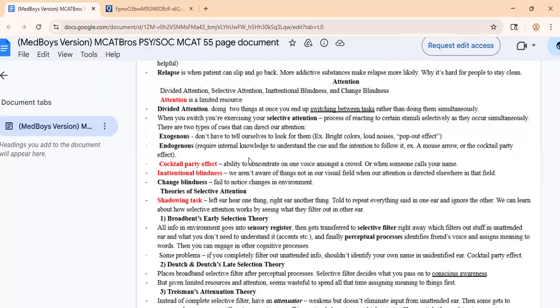So now we're going to be talking about attention. Things to know about attention. We have different types of attention. Divided attention is when we're looking at two things at once and having to switch tasks, but we're not actively focusing on it.